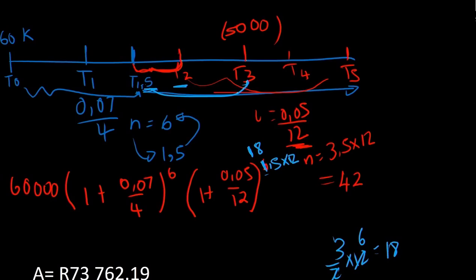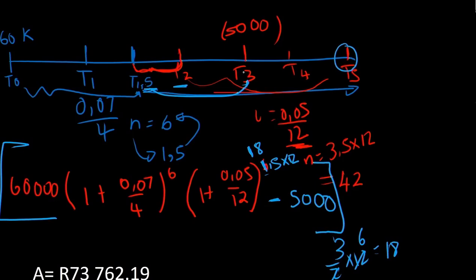Okay, so we've moved now to time 3. And then at time 3, what happens? 5,000 is taken out of the account. So we minus 5,000 Rand at that point. And then this is when I say I do everything in one, because now I'm going to move that entire calculation 2 years forward to get to time 5. So I'm stuck here at time 3.